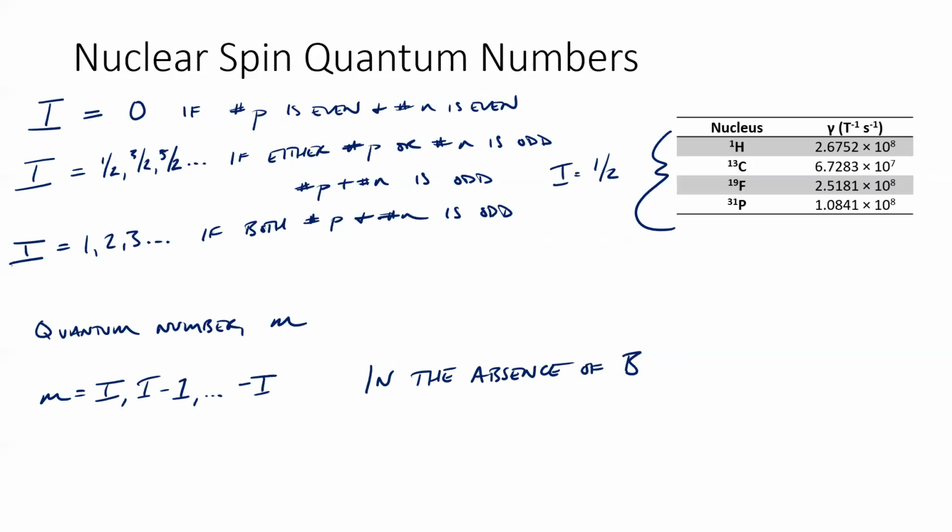Did you use B in physics? Yes, excellent. So we're going to use B naught as magnetic field. All of these quantum states, so all the values of M, have degenerate energies.